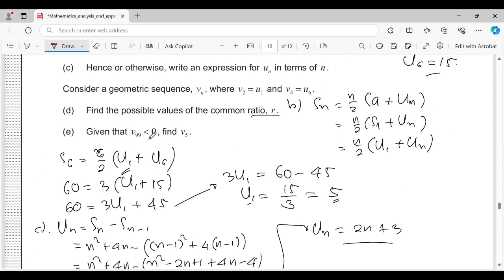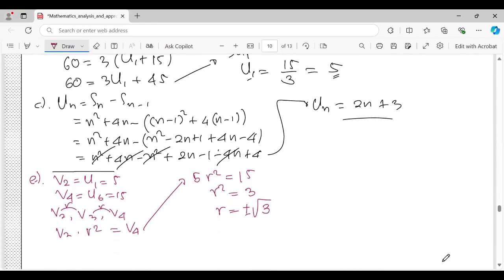Next. Given that V99 less than 0, find V5. We are going to find V5. If V99 less than 0, it means the ratio should be less than 0, and ratio R is a negative number.